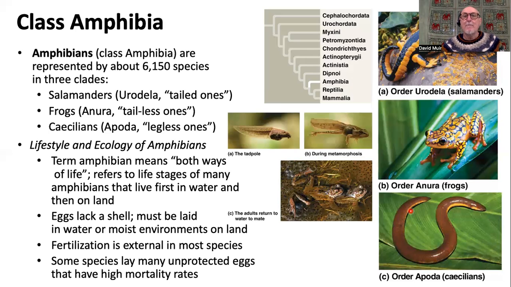The whole group is called the Apoda, and they occur in tropical regions. Again, in very moist soil and in the leaf litter and that sort of thing in forests. So those are the Amphibia. We regard the Amphibia as being a primitive group of tetrapods.